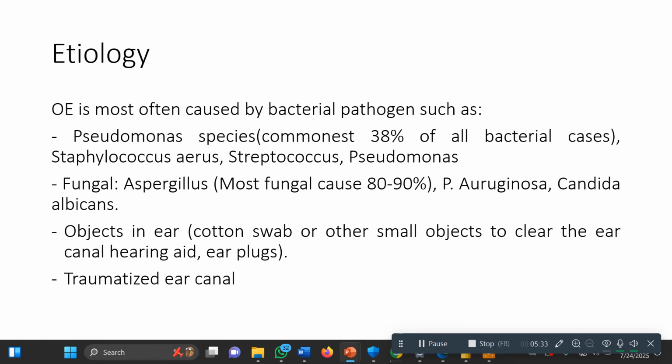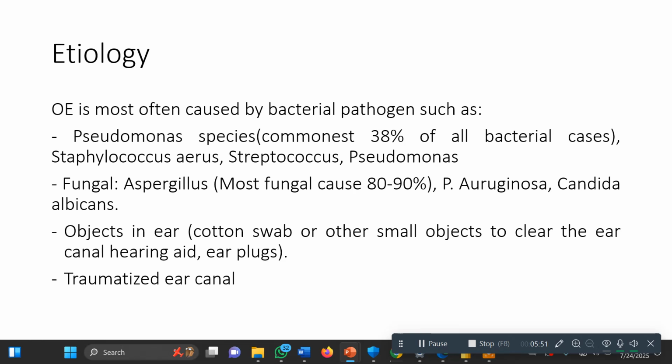Etiologically, otitis externa is most often caused by bacterial pathogens such as Pseudomonas species, which accounts for about 38% of all bacterial cases. Also, Staphylococcus aureus and Streptococcus species are common causes.